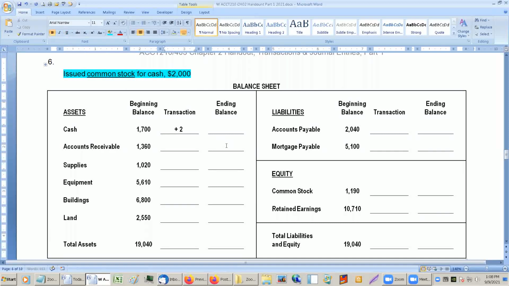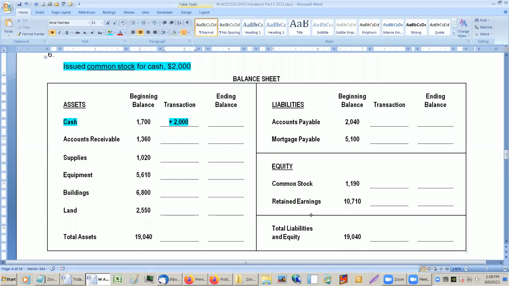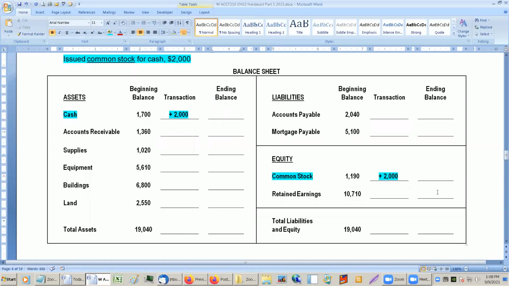So we got 2,000 of cash. But coming down here to the common stock, we now have more owners. Our owners went up by $2,000. So we got more cash, but now more people own our stock.